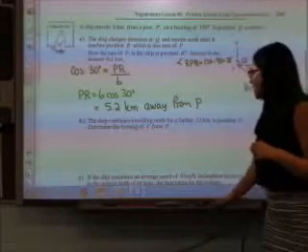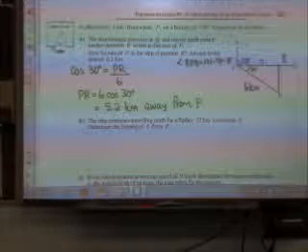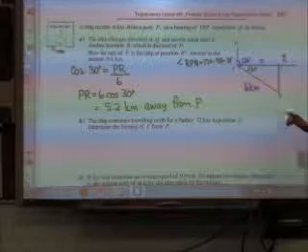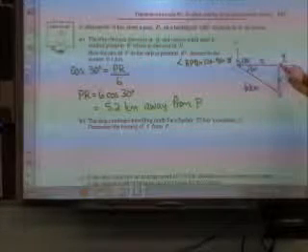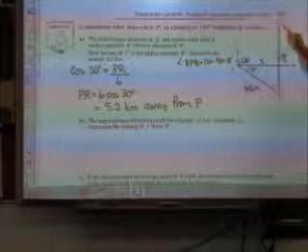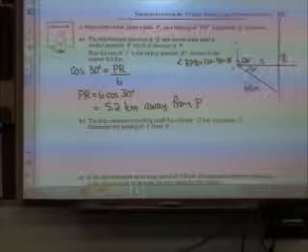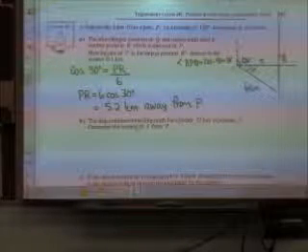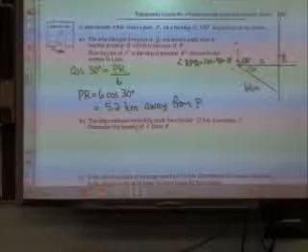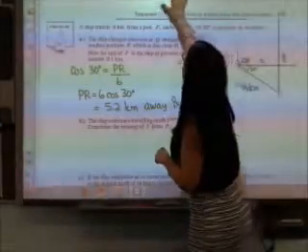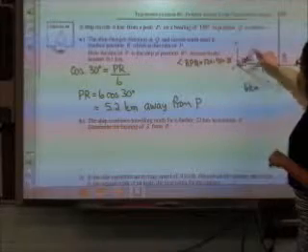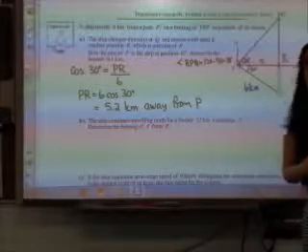Okay? If the ship continues traveling north for a further 12 kilometers to position S, so from here it travels 12 kilometers to position S, determine the bearing of S from P. So what I need to put in, I want to create a 90-degree.